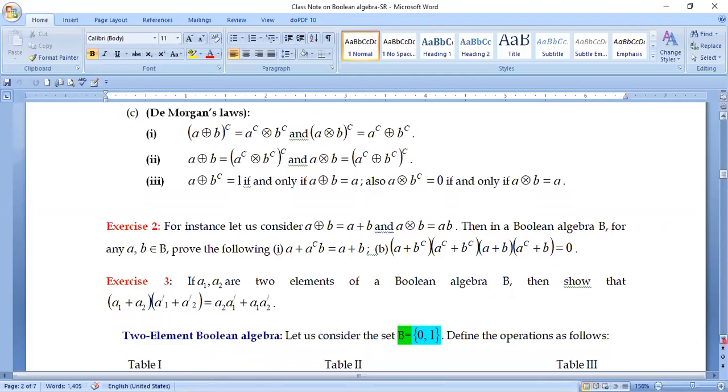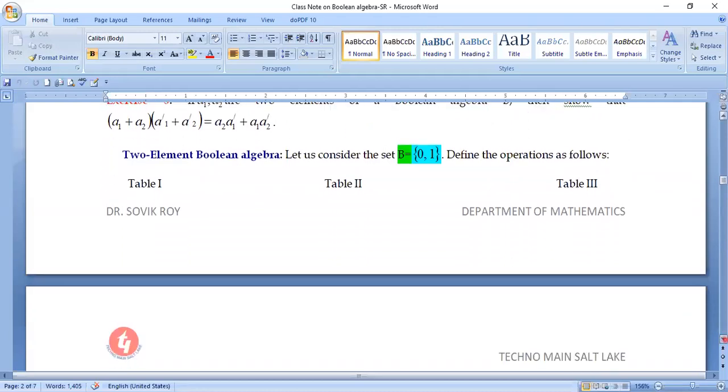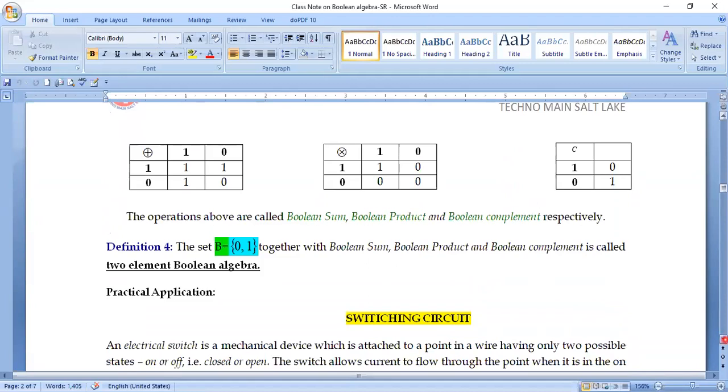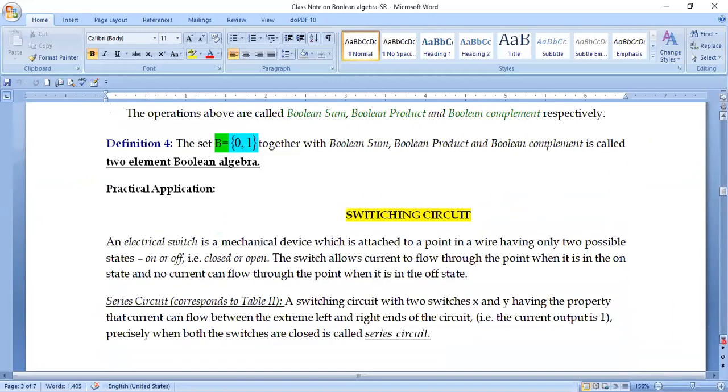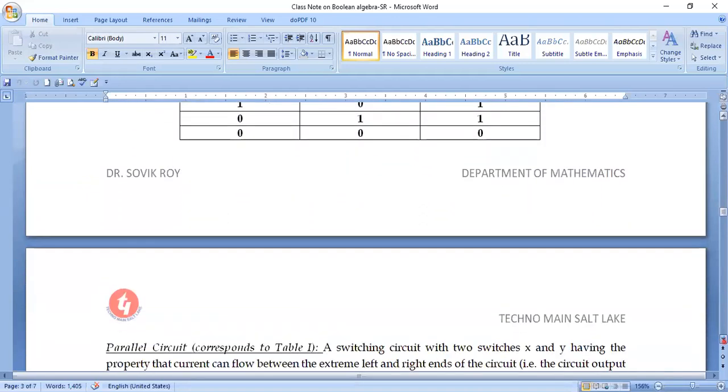I also told you about two-element Boolean algebra, which consists of a non-empty set containing two elements, and a tabular version of the operations is written over there. The three operations you can see are called the Boolean sum, Boolean product, and Boolean complement. And one application of this two-element Boolean algebra is the switching circuit, which I explained briefly in my last class.